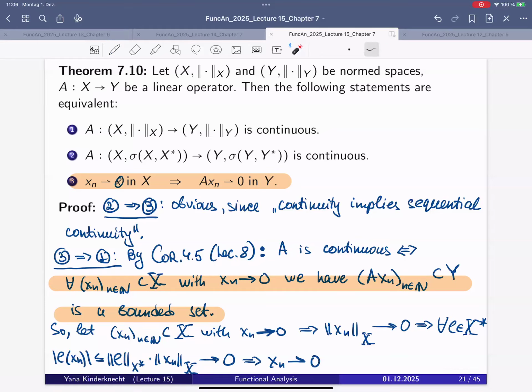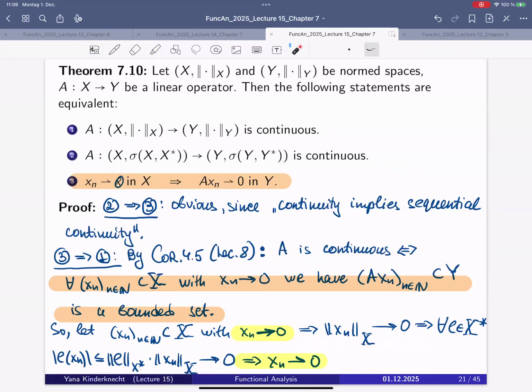Actually, I didn't need to write all this down. I just would say that if we have a sequence which converges to 0 in the stronger topology, the topology generated by the norm, then it converges to the same limit in the weaker topology. We have already discussed it, but here is the complete proof of this statement.